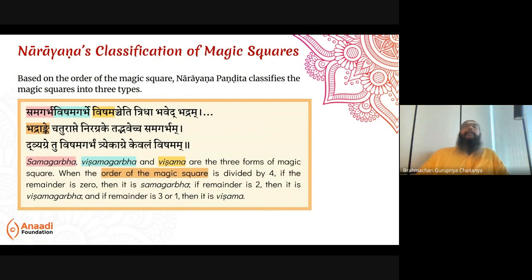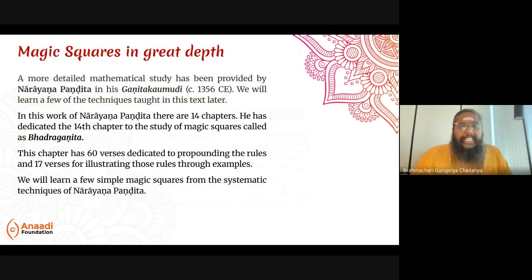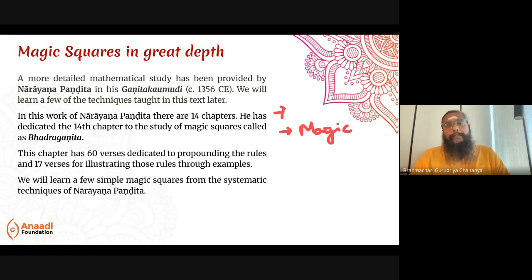First, Narayana Pandita gives a certain taxonomy for magic squares. What is the current taxonomy for magic squares? That is also something we should know. Today, magic squares are called simply magic. For this itself, there are various contests right now given to build various magic squares.